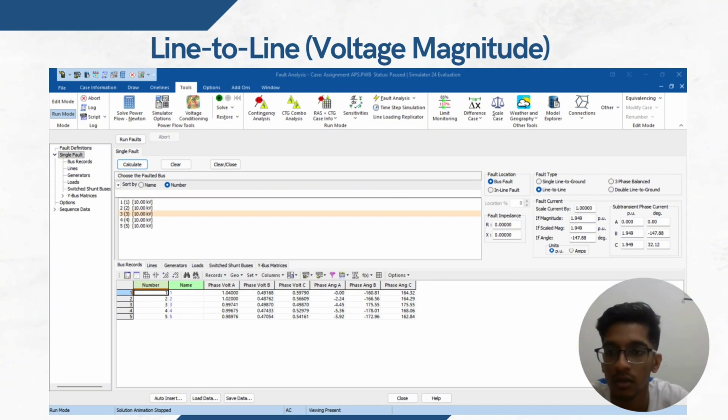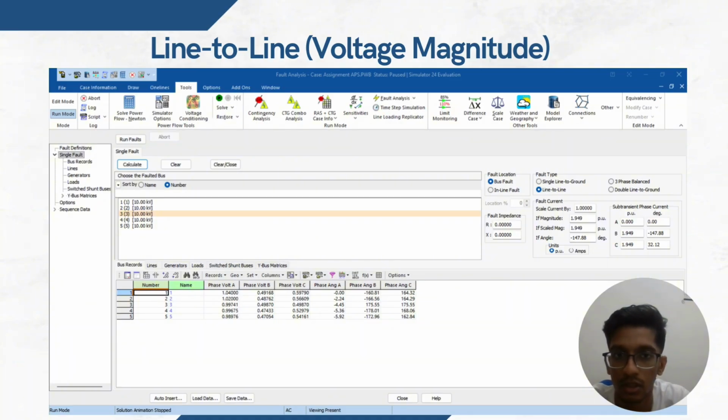So that's all. This is the line to line voltage magnitude, for a fault between phases B and C at bus 3. The voltages on the two faulted phases B and C drop equally as they are shorted together.